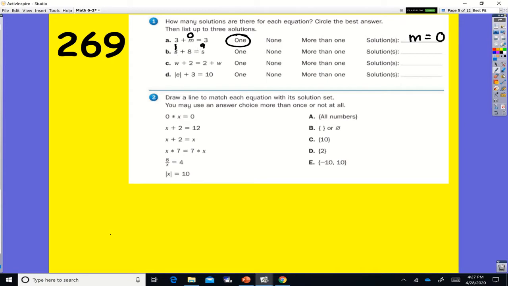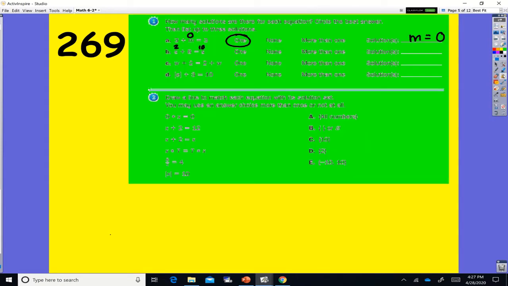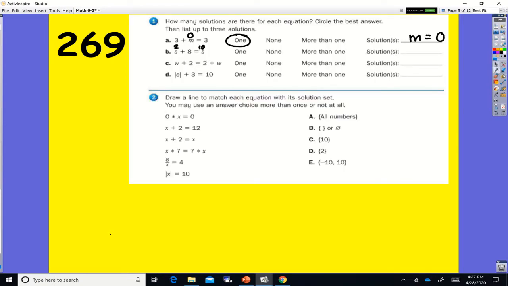Are my s's the same here? No, they're not equal. I always use the rule of thumb of 3, so then I do 2. 2 plus 8 gives me 10. Are my s's the same? No, so there is going to be no solution here. So on here, we are going to put no solution.